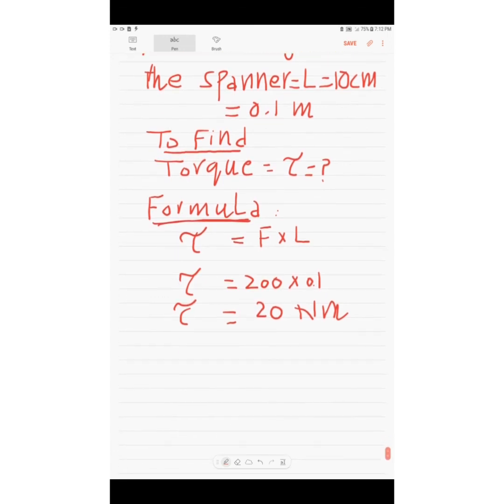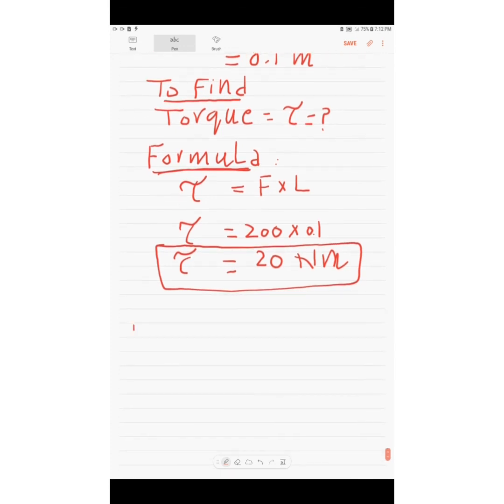This torque is used to find the length of the spanner for the second part. Now second part, given data, underline it.